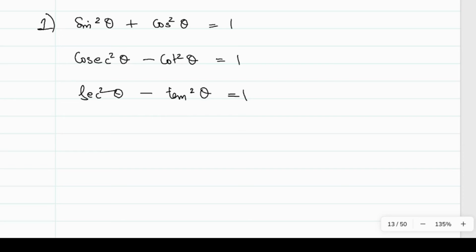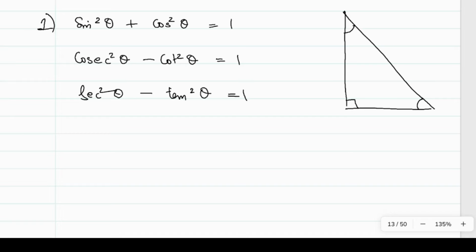Okay, these identities are true for all the angles from 0 to 90 degrees. Means in a right angle triangle, what are the angles that we will be having here? This will be a 90-degree angle, and these two angles, their sum will be equal to 90.